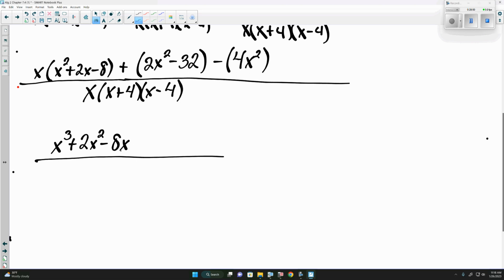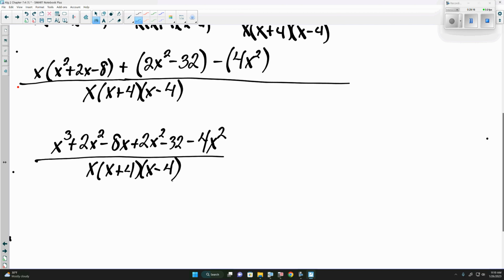Now our 2x squared minus 32, since the sign in front of it is plus, we're going to have 2x squared minus 32. And we distribute the negative to 4x squared, we have negative 4x squared. Any questions on this here? Because we have one last step after this and we're done.